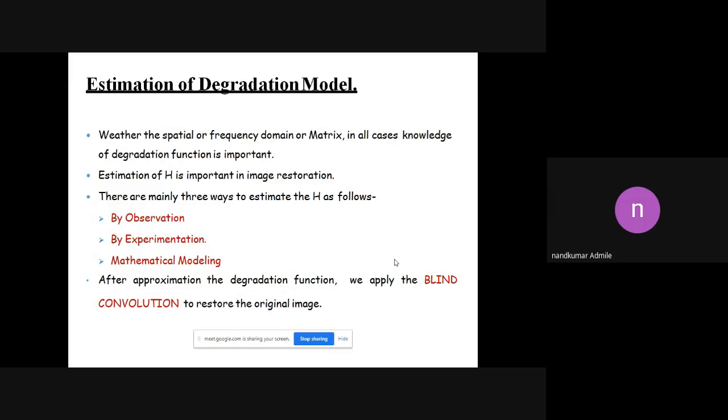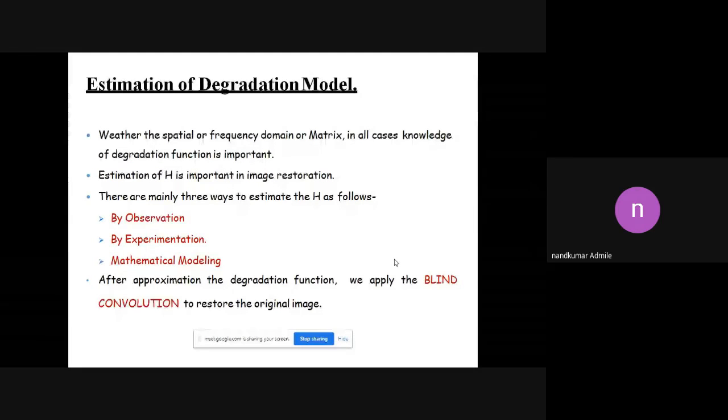Similarly, if an image is affected by noise, that image is called a degraded image. So we have to remove the noise from the degraded image. That is called the degradation model of an image.